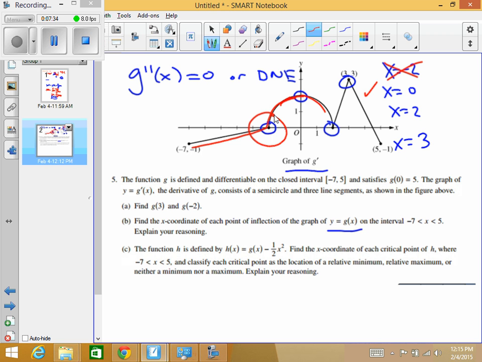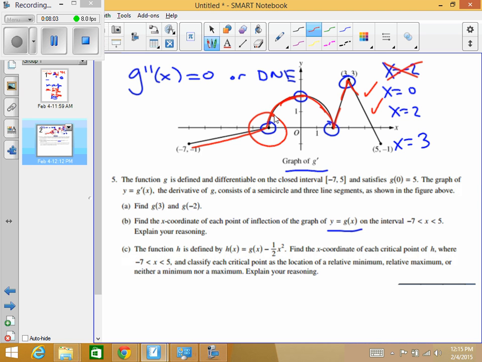That's a winner. At x equals 2, the slope of the slope goes from negative to positive. Since the slope of the slope changed, we have an inflection point. At x equals 3, we go from a positive slope to a negative slope on the slope of the slope. So once again, point of inflection.